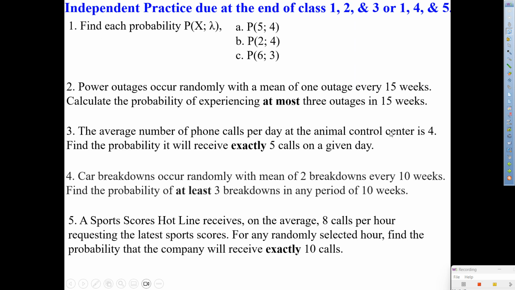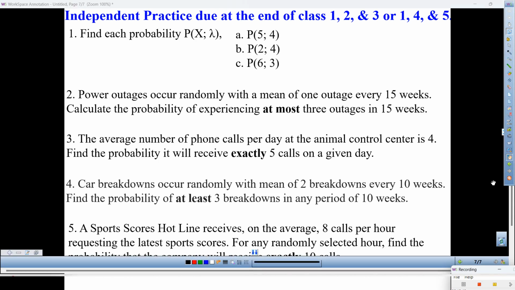All right, so with that said, yesterday I gave you guys the task by yourself to work on these. Is that correct? Yesterday you did either 1, 2, and 3 or 1, 4, and 5. Is that correct? All right, so together, let's do number 2. So on your paper, copy number 2.